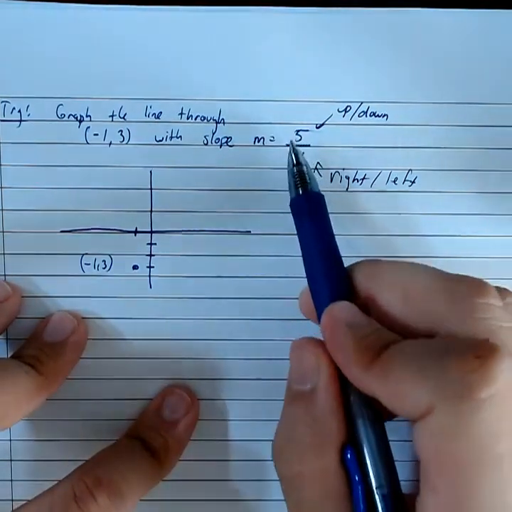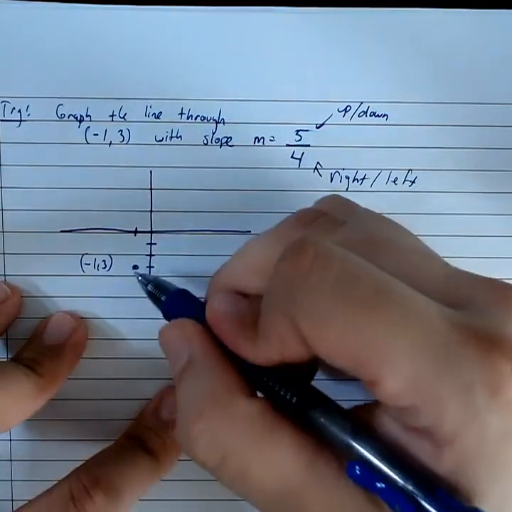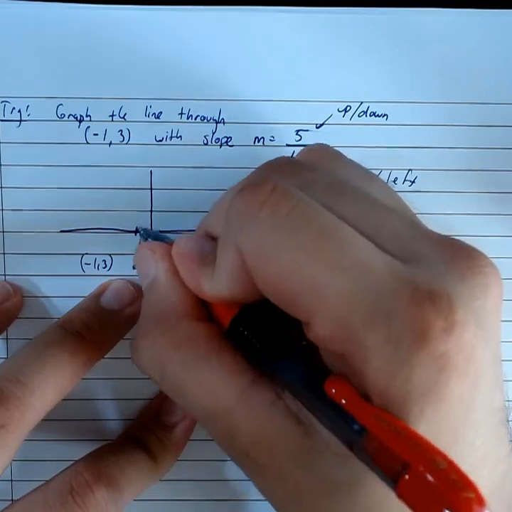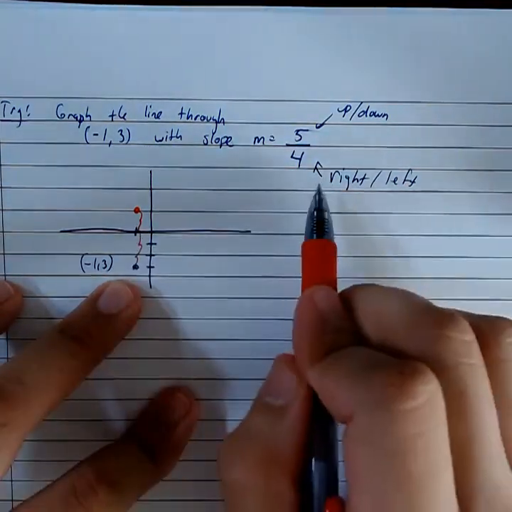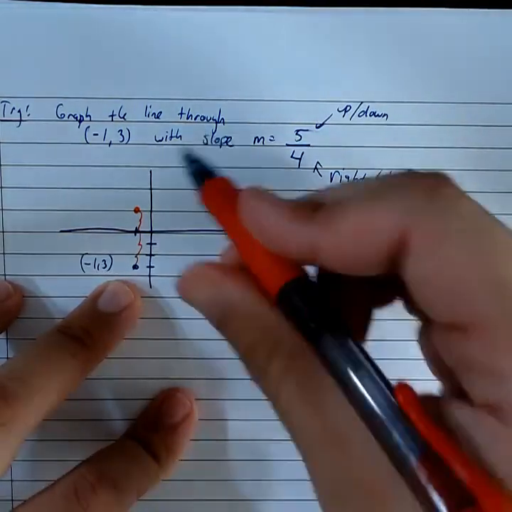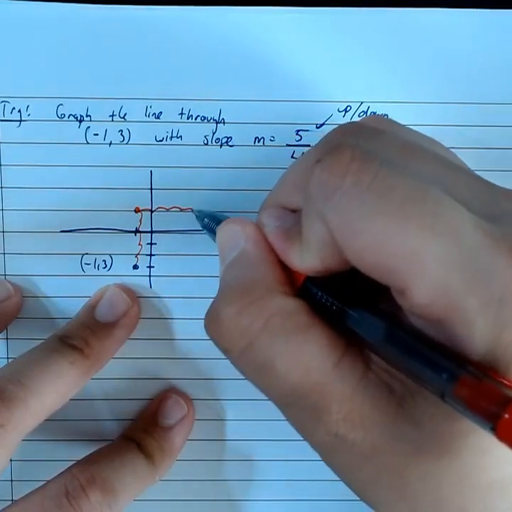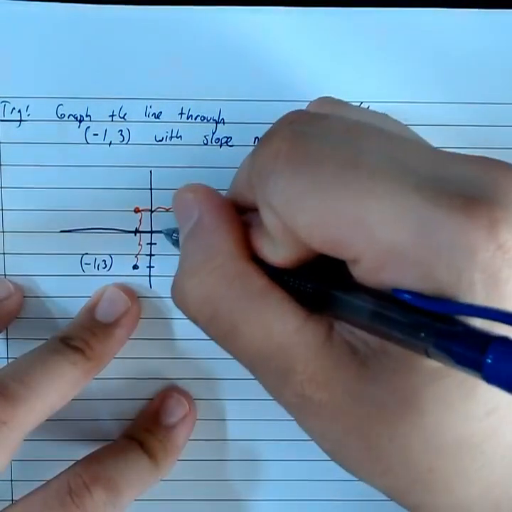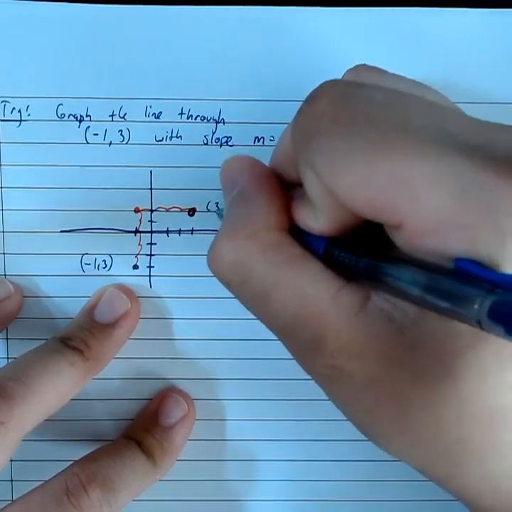That top number is a positive, so you're going up, and it's a 5, so you're going to go up 5 steps. So from this point down here, you're going to go up 1, 2, 3, 4, 5. Oh, but you're not done yet, because now the bottom number is telling you that since that's a positive, you're going to go right by 4. So now we're going to go right 1, 2, 3, 4. So now we're at the point 3, 2.